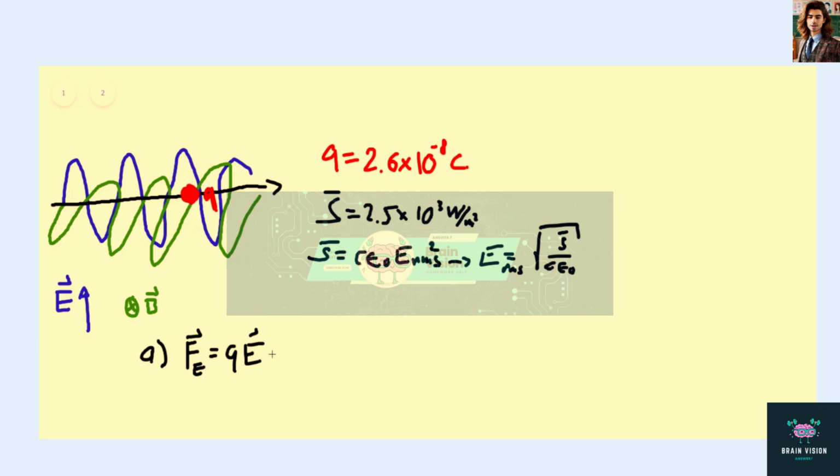Instead, what we're going to do is realize that the particle is going to be sitting here and the electric field is going to be pointing up. It doesn't really matter in which direction the electric field is pointing, either up or down, but the magnitude of the force is what matters for the purposes of this question.